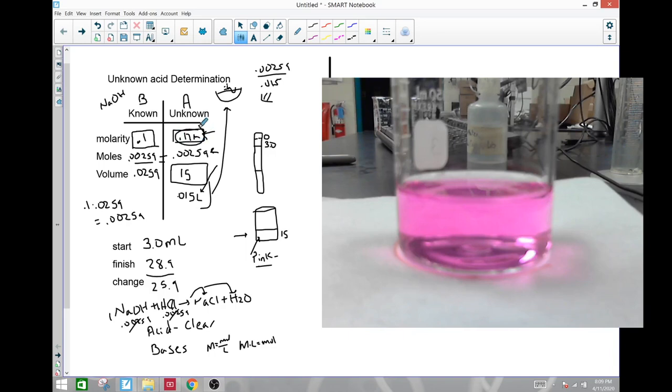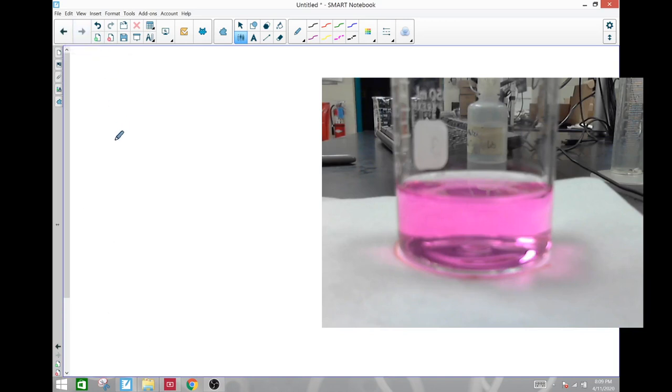Let's recap again what happened here. Let's go to a new screen here, and I'm just going to draw a little beaker, so I got some room here. So I had a beaker in here with a certain amount of H pluses in it, and I didn't know how many were in here. There's H plus, there's a cation and there's an anion.